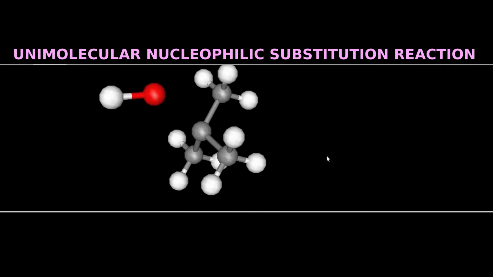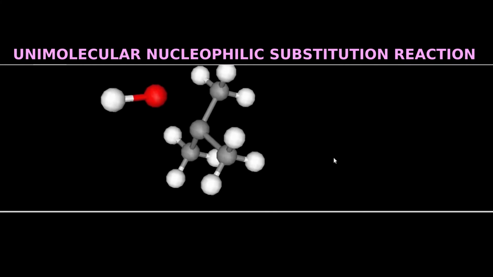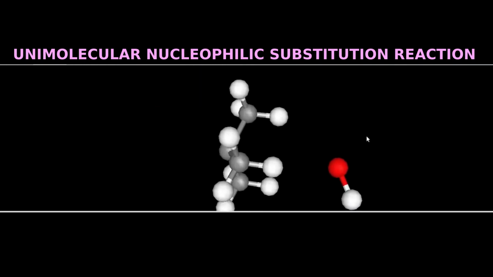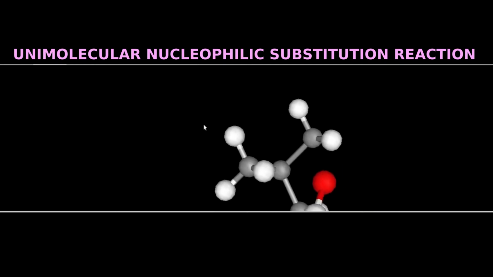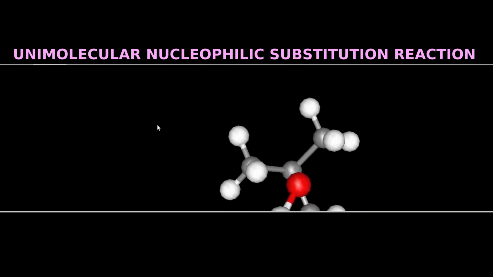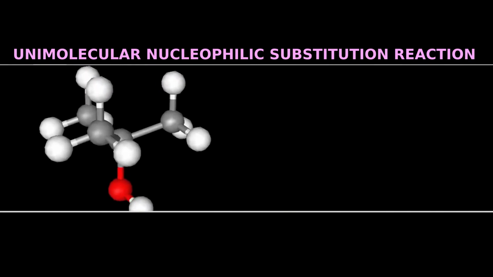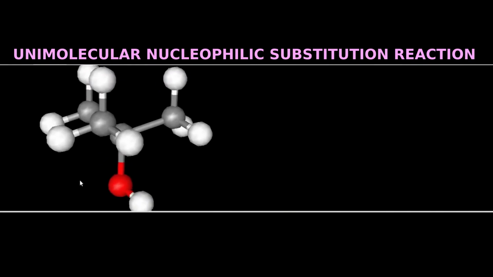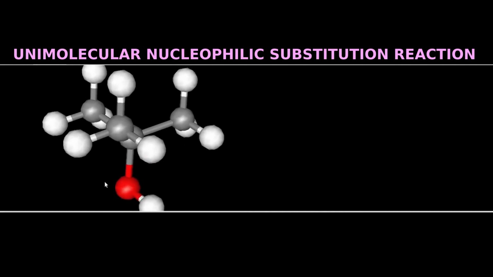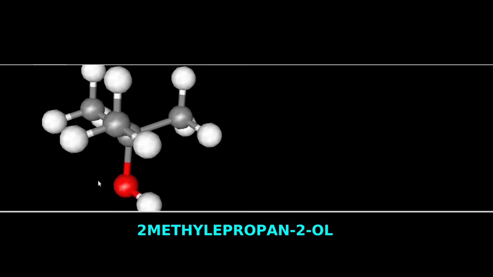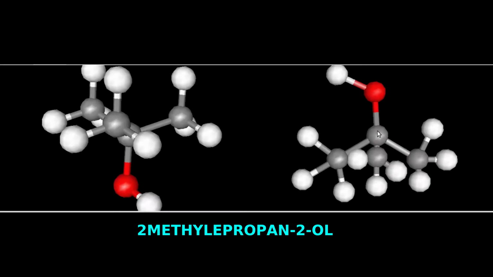Therefore there is a possibility of inversion of configuration and also retention of configuration. So there are two types of configuration: in one, the OH is bonded downwards, and in its mirror image, the OH- is bonded upwards.